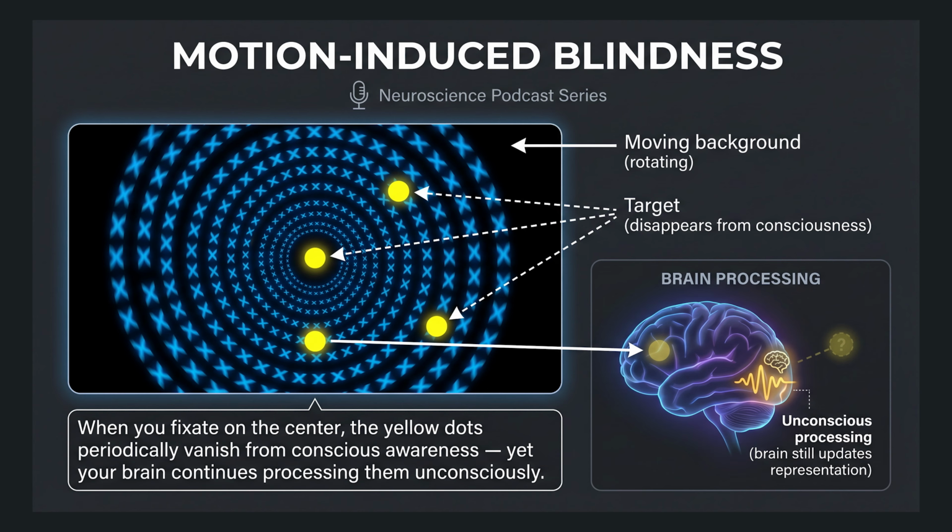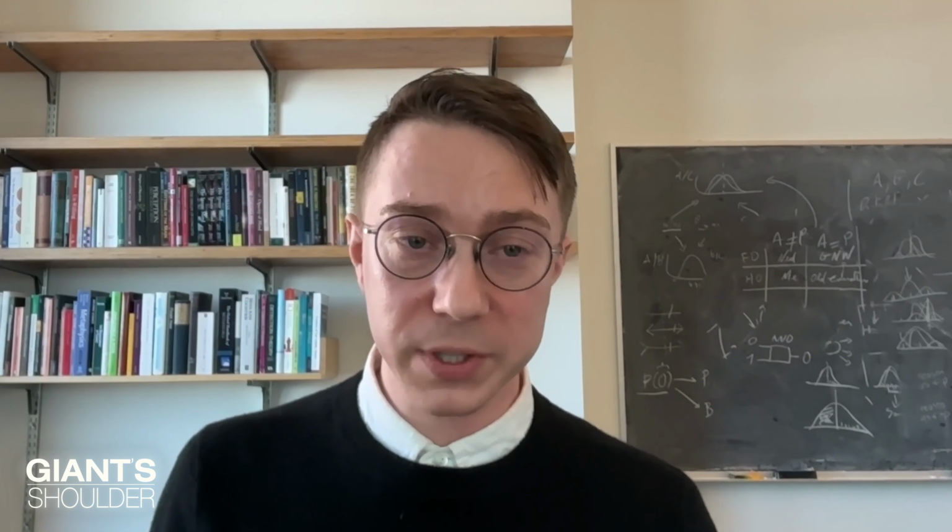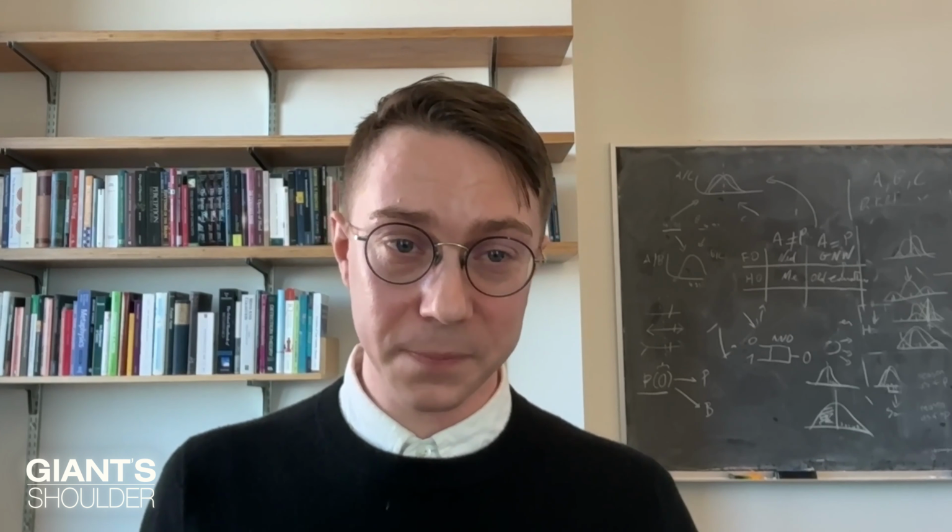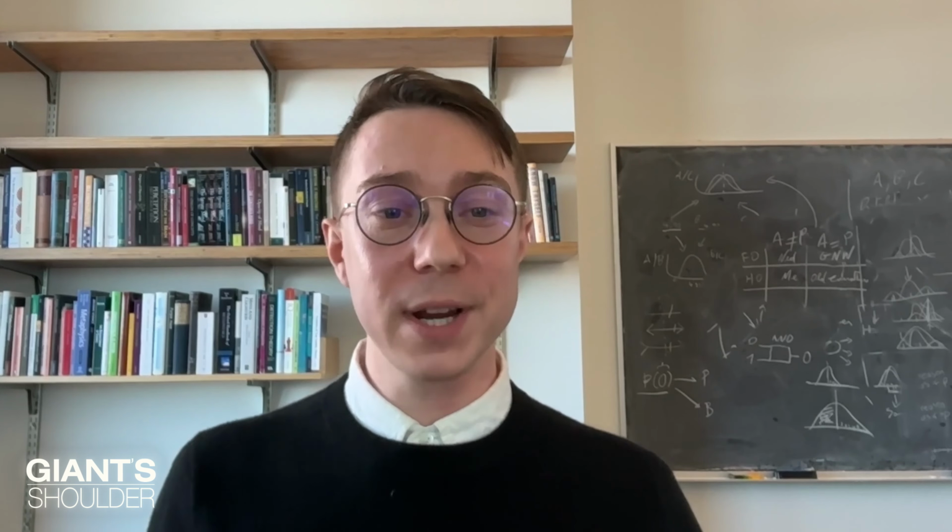You see a target, which is often a yellow target, and there's a moving, rotating background. If you look at the center of this display, you're going to find that the yellow target disappears from consciousness. Now, we know that even though it disappears from consciousness, it is still perceived, because your brain can still update things about that target.